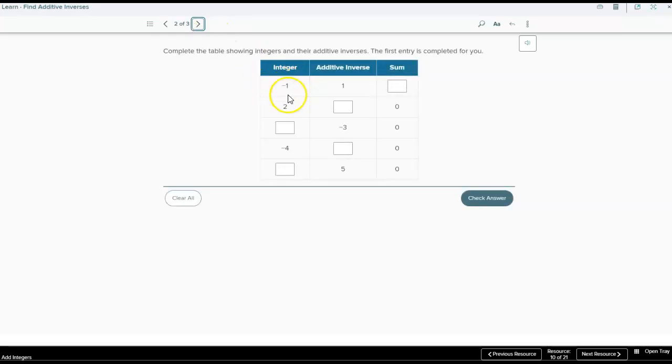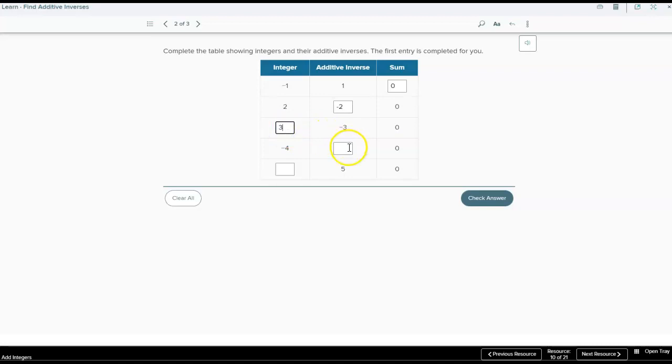So if an integer is negative 1, then the additive inverse is 1, and the sum is 0. If my integer is 2, what's the additive inverse? Think about it. Negative 2. If I add these, we get 0. If I have negative 3 as the additive inverse, then that means the integer is what?